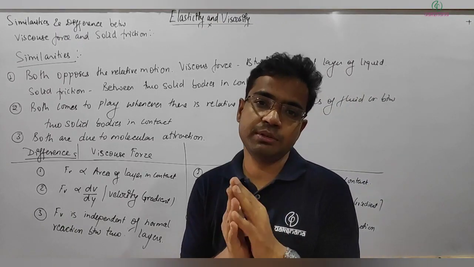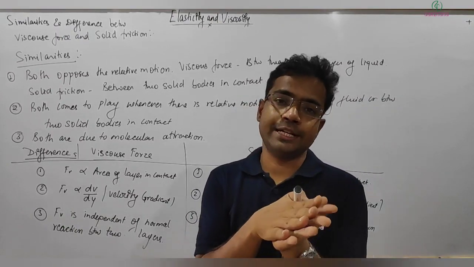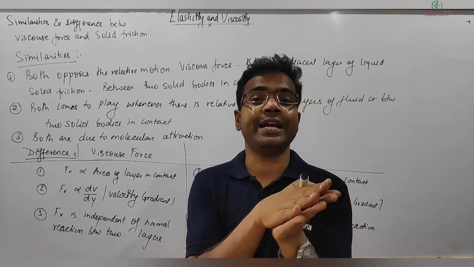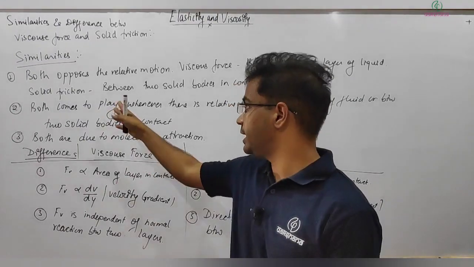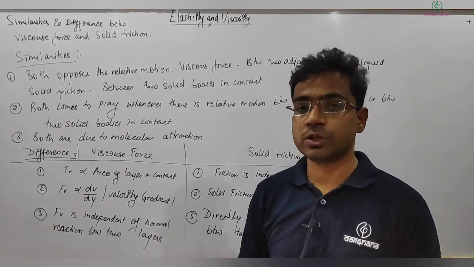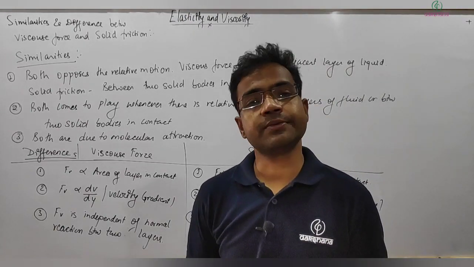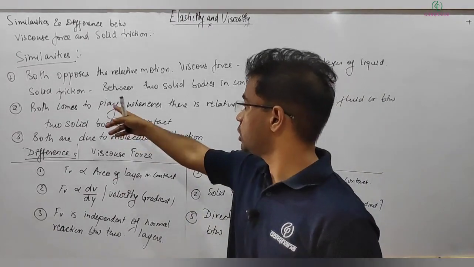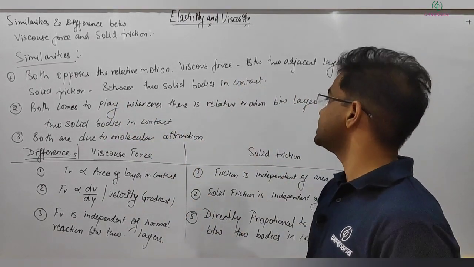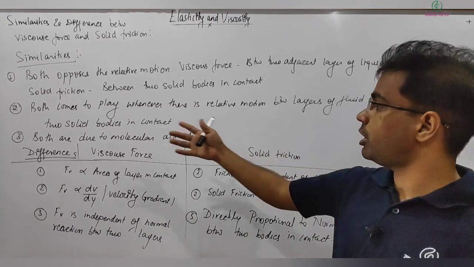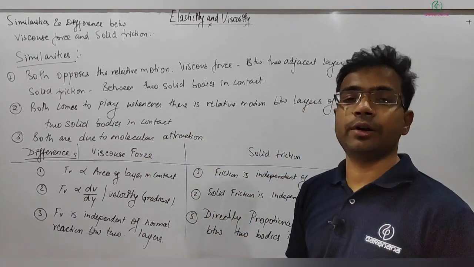You must have studied that. In case of friction also, if there is no relative motion or no tendency of relative motion, no friction will be acting. Similarly in case of viscous force, if the velocity gradient is 0, viscous force will also be 0. So both come into existence only whenever there is relative motion between layers of the fluid or between two solid bodies in contact.